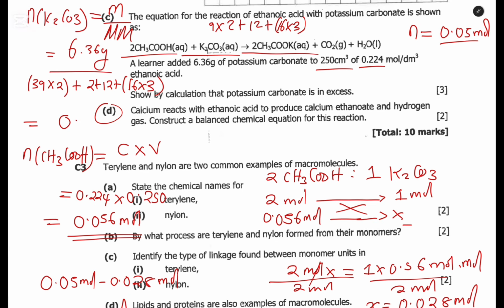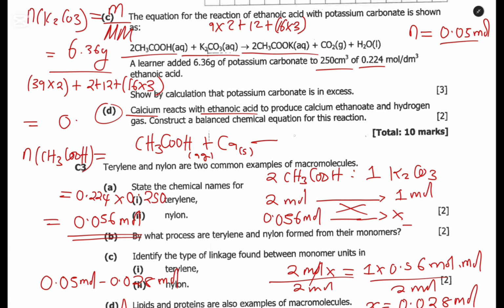So now what is reacting here is a metal, calcium, and ethanoic acid, which is an acid. So generally a reaction produces a salt and hydrogen gas. All right, so let us see. So ethanoic acid, written as this, then reacts with calcium, which is a solid; the acid is aqueous.